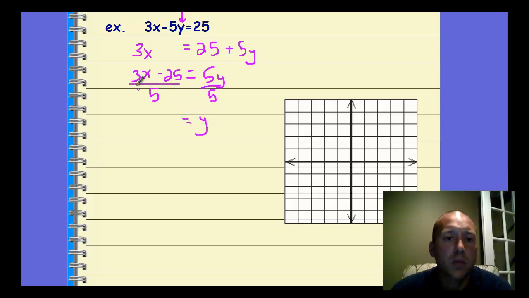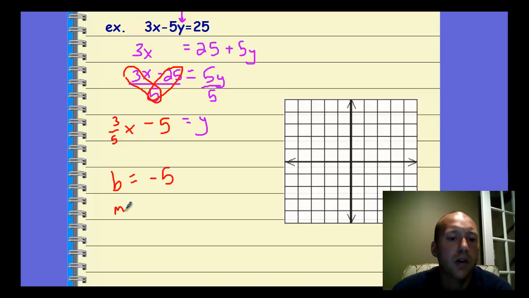So y equals, and then we're dividing both terms by 5. We have 3 divided by 5 here, and negative 25 divided by 5 there. So if you write that as a fraction, 3/5 x minus 25 over 5. Here's our equation. In this we should identify our b value, which is negative 5, our y-intercept, and our m value is 3/5. So pull that out of your equation.